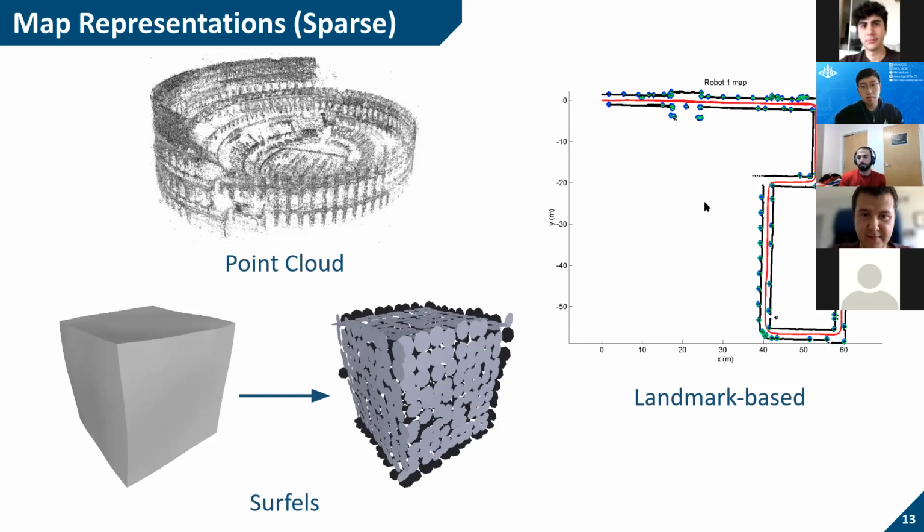You can think of landmarks as some kind of QR codes or corners of an object, places that are easier to track, let's say from a vision perspective. Landmark based mapping is basically just trying to map those regions or points of interest.